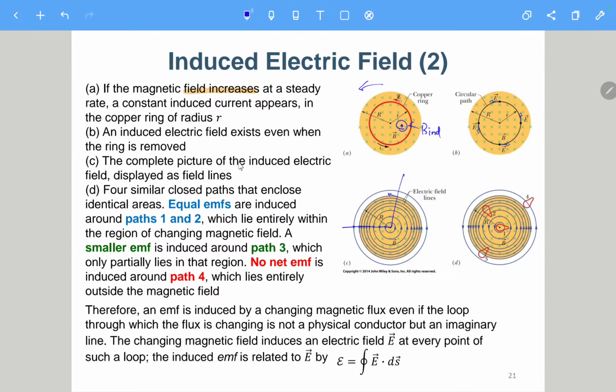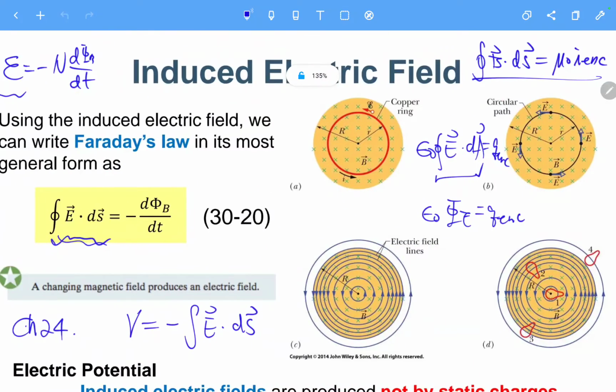The complete picture of the induced E field is displayed like this. Even outside this area, there is still an induced E field. The reason is, how do we determine this part and this part?